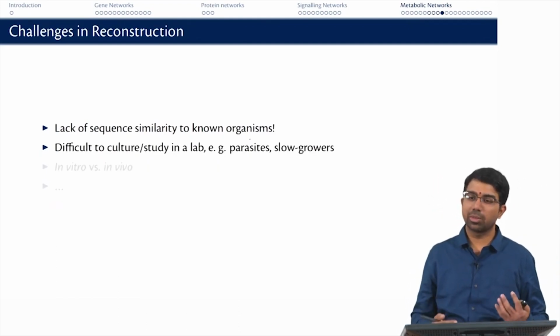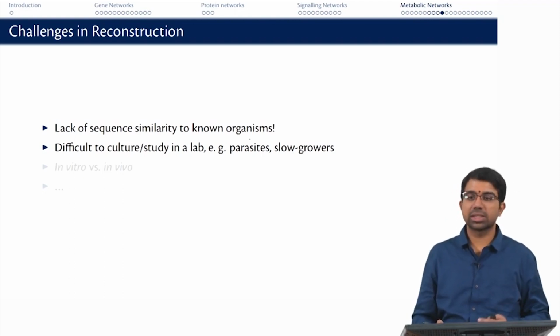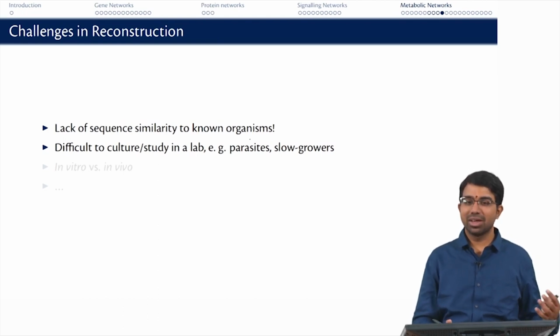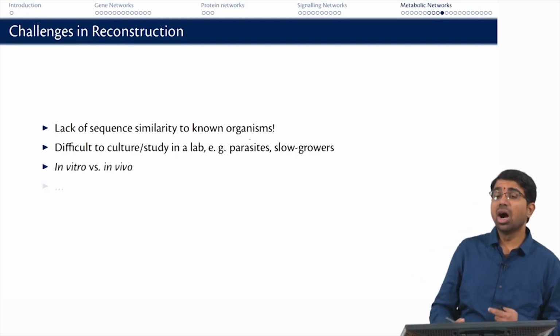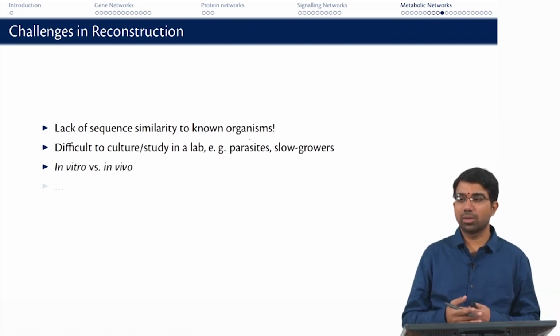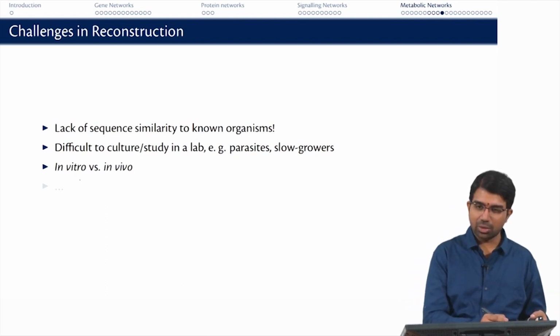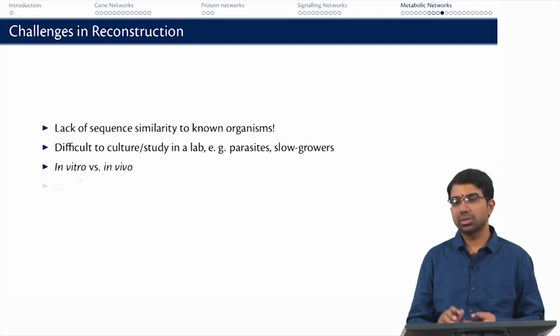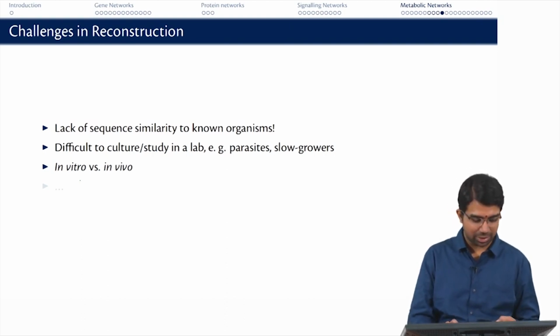If you want to work with Mycobacterium tuberculosis, it is pathogenic, and worse still, it has a doubling time of a little more than 24 hours. E. coli doubles in 15 minutes, peaceful to study. This becomes a lot harder to study. And if you have an in vitro observation, how do you extend it to in vivo observations? What you do in a beaker may not be really what happens in a real cell.